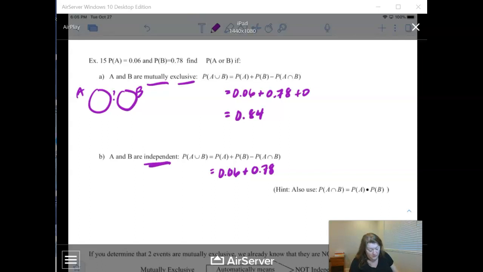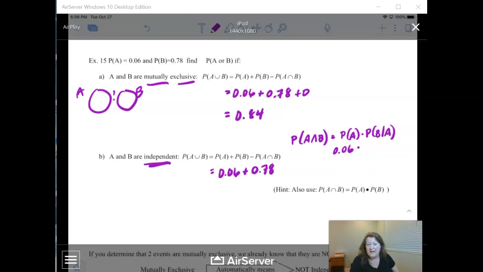Well, I know that the probability of A and B is equal to the probability of A times the probability of B given A, right? Probability of A and B is one multiplied by the other. So this would be 0.06 times B, given that A already happened.